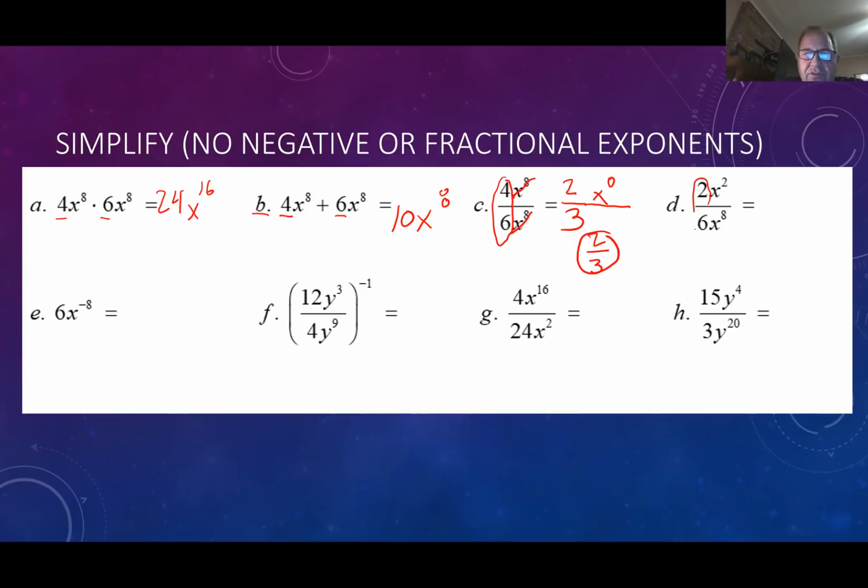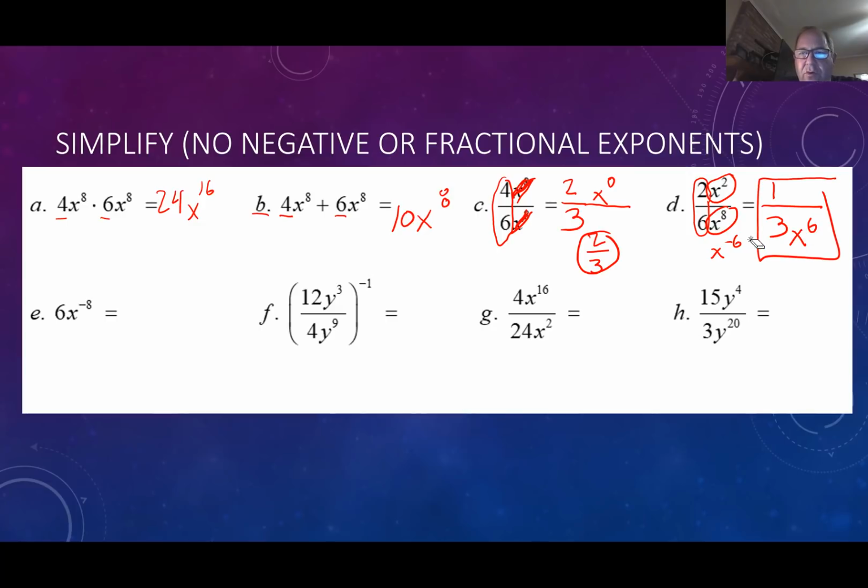Over here, we've got 2/6. So I'm going to reduce that to be 1/3. And then I really like this canceling idea that I did over here. So if I look at these two, x to the 2nd and x to the 8th, yes, I could subtract those and get x to the -6 and then place it in the denominator so it becomes a positive power, which is our answer.